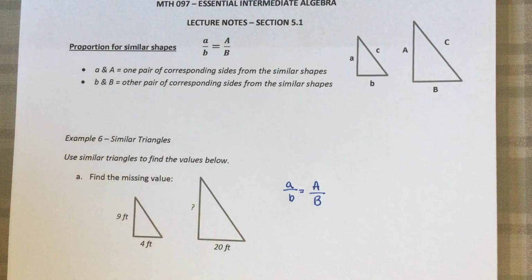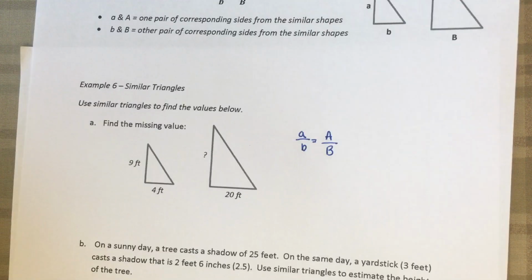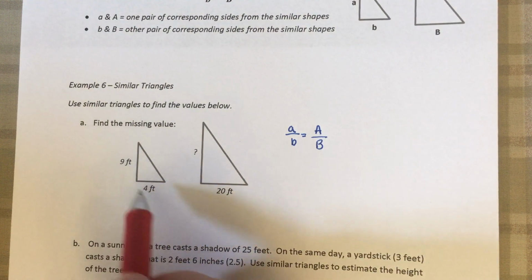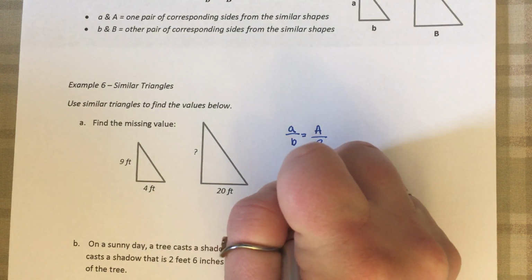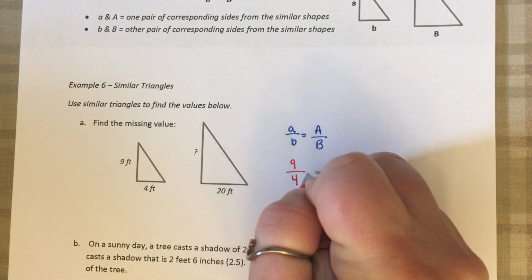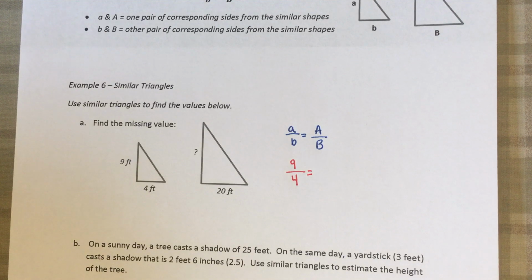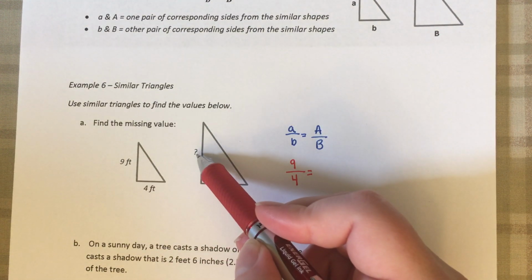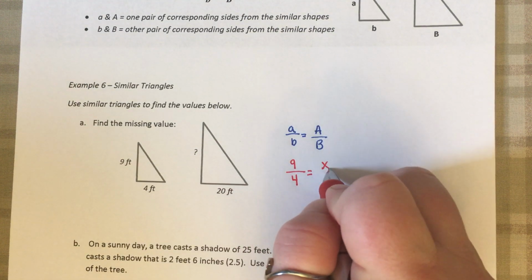Okay. All right, so if we look at example A, if we compare the sides of our smaller triangle, this side is 9, that side is 4. So for my smaller triangle, I'm going to write a fraction of 9 over 4. For my larger triangle, the side that corresponds to 9, we don't know. That's what we're looking for.